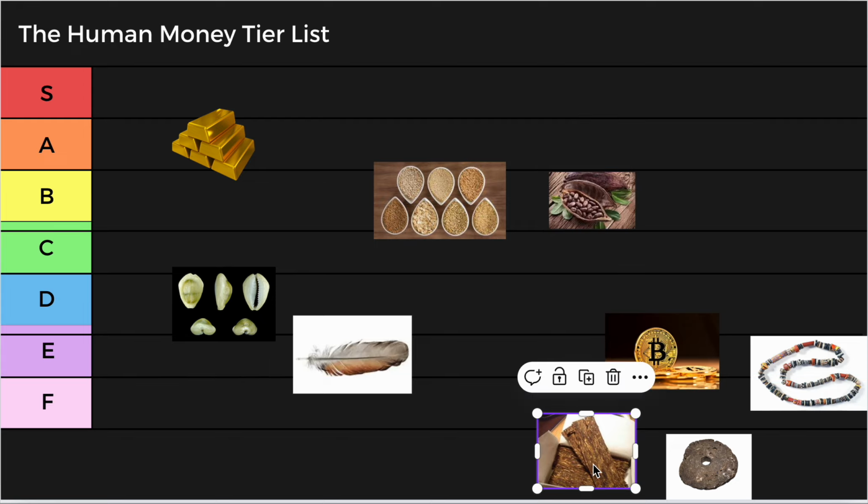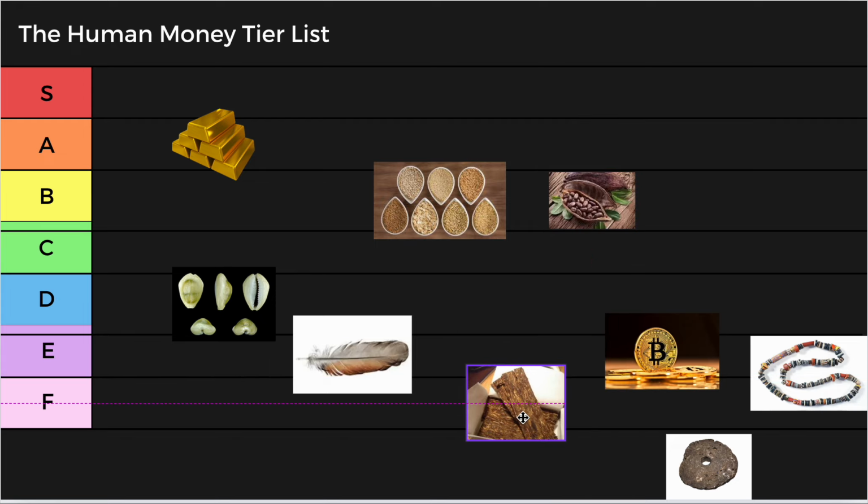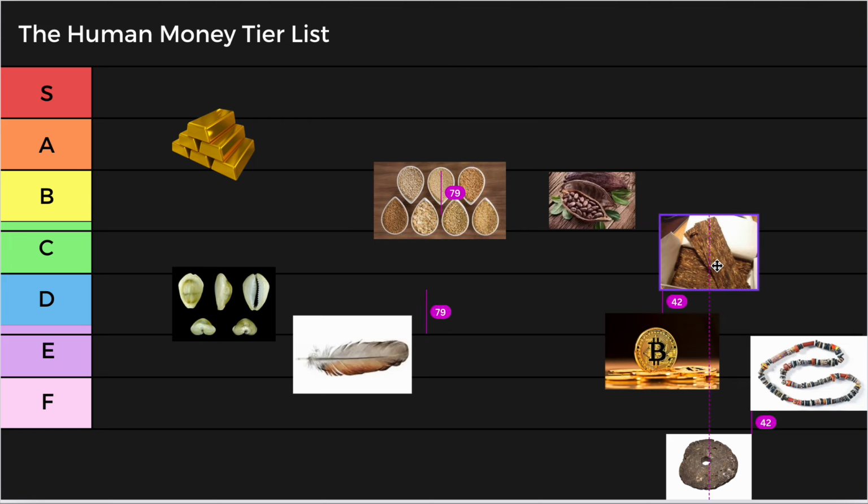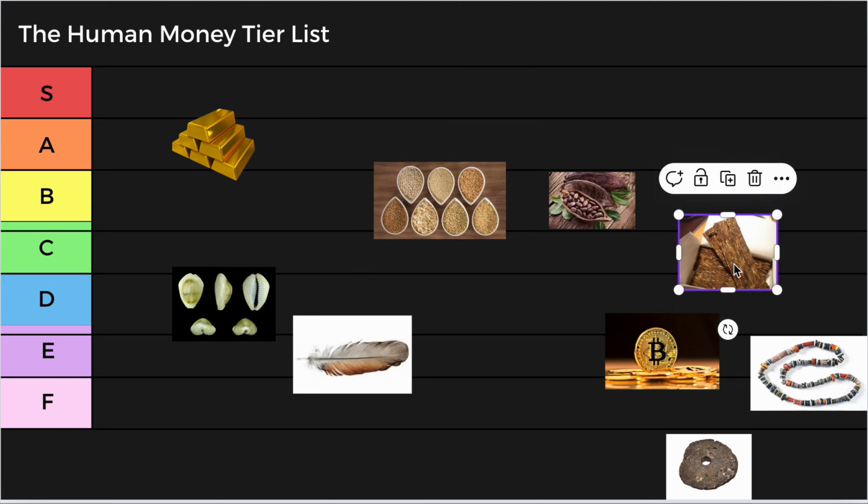So let's go into tobacco. Tobacco I'm going to put in C tier right under grains and cocoa. Even though they're both agricultural products like cocoa and grains, tobacco is, in my opinion, not as durable, as the tobacco leaves can dry out very easily if you don't keep them moist.